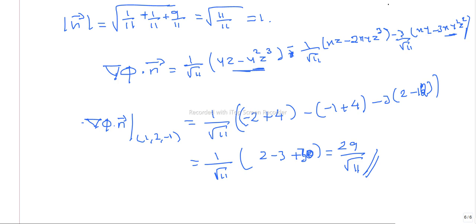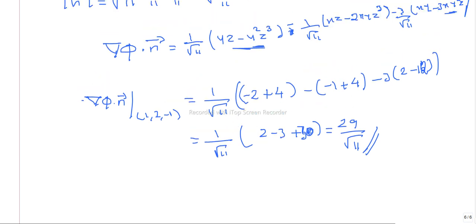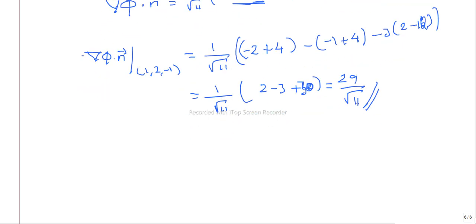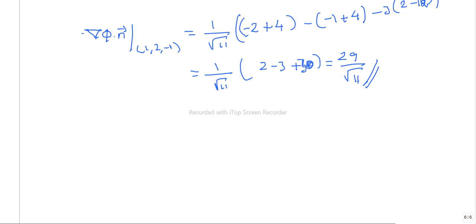Now what is the maximum value? You take the modulus of the gradient. Okay, modulus of the gradient is the maximum value. So what is the maximum value of the directional derivative? You have to take the modulus of the del pi.